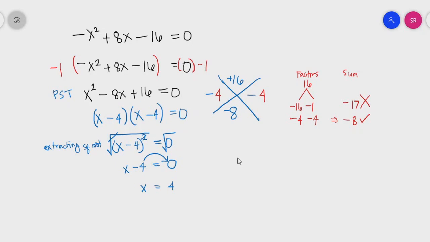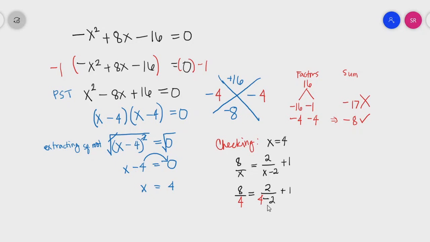Now, to be sure if this is really our solution, we need to do checking. So, we will check if x equals 4 is really a solution of our equation 8 over x equals 2 over x minus 2 plus 1. So, we will just substitute 4. So, we have 8 over 4 equals 2 over 4 minus 2 plus 1.